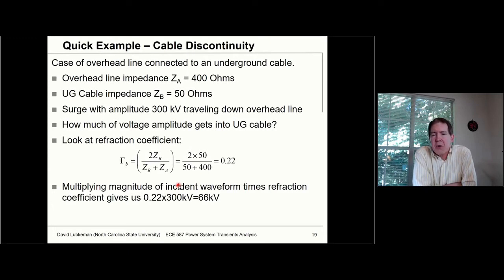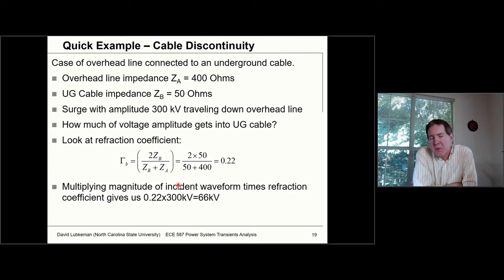So we want to know how much of this surge is going to find its way into the underground. For that, we need a refraction coefficient. The refraction coefficient is 2 times the characteristic impedance of B divided by the sum of the two characteristic impedances. 2 times 50 over 50 plus 400 is 0.22.